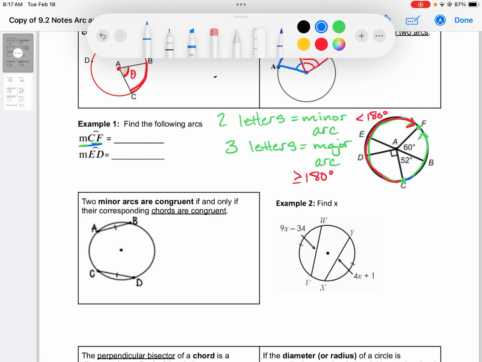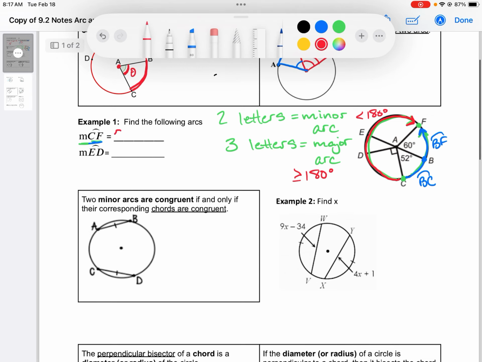We're only dealing with the minor, so we're going to go from C to F the short way. So to find the arcs, you can see we've got two adjacent arcs here, BC and BF. So what we would do is we would add them together. 52 degrees plus 60 degrees gives me a 112 degree arc.